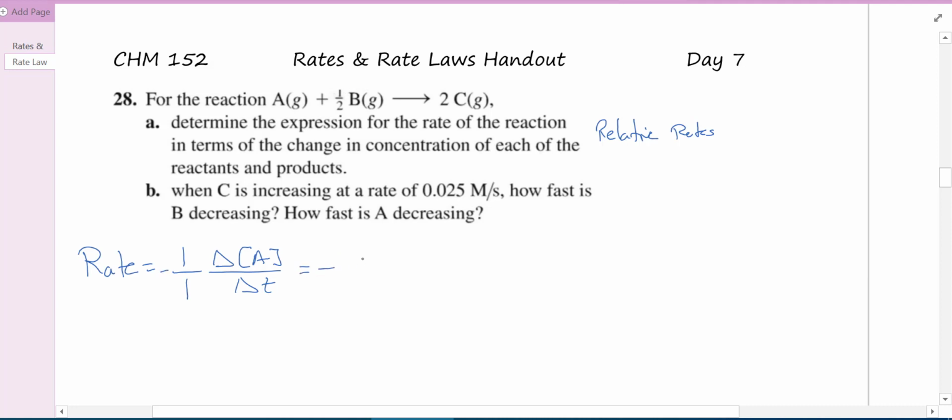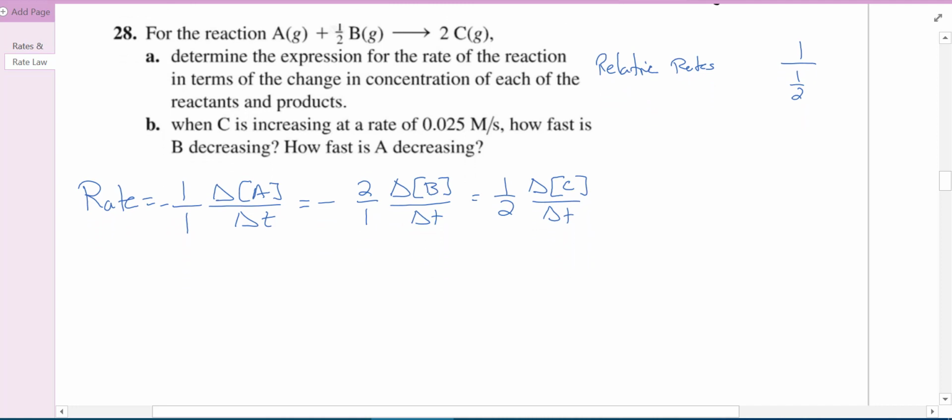It equals -1/2 times the change in concentration of B over the change in time. Plus, C equals 1/2 times the change in concentration of C over the change in time. All right, so there are our relative rates.